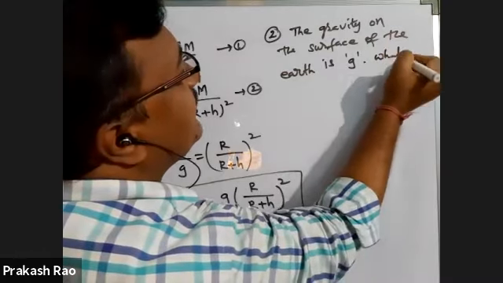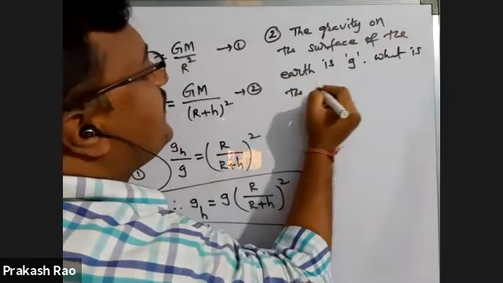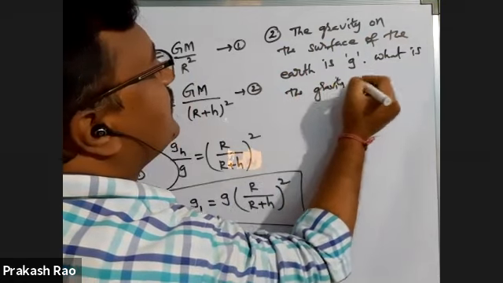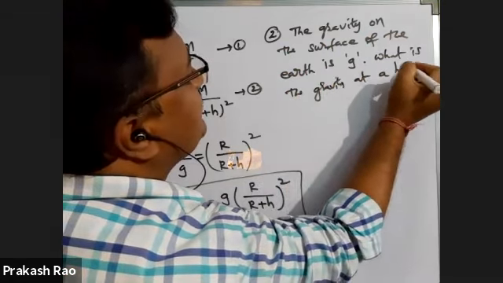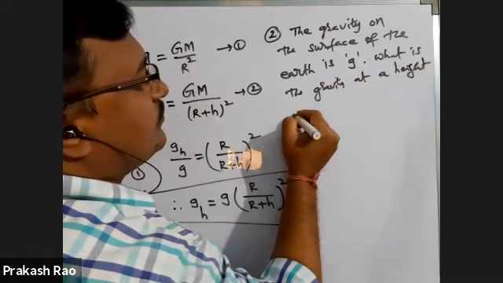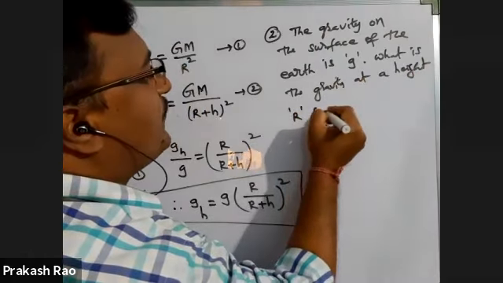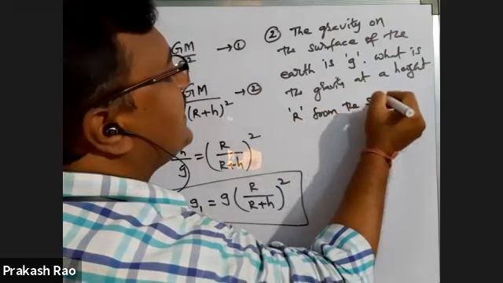What is the gravity at a height capital R from the surface of the earth?